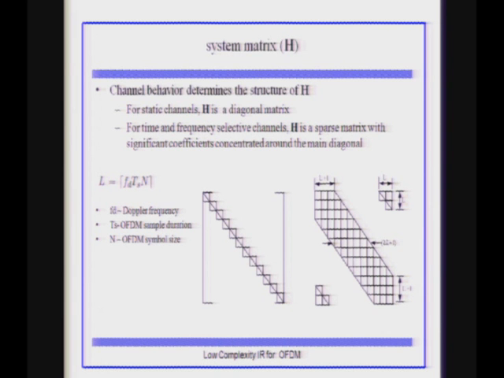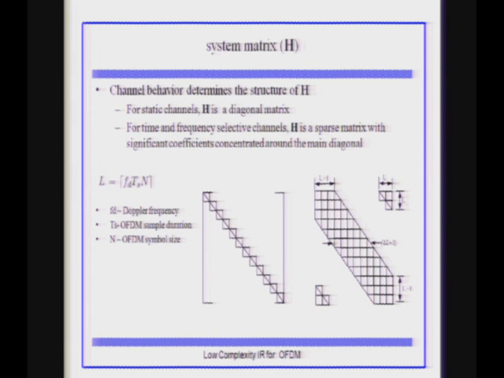Meaning, when you have mobility, you have Doppler, and this L is a measure of the Doppler spread. FD is the Doppler frequency, TS is the sampling time, and N is the number of symbols in an OFDM symbol. So, as any of these goes up, the measure of Doppler spread L goes up.